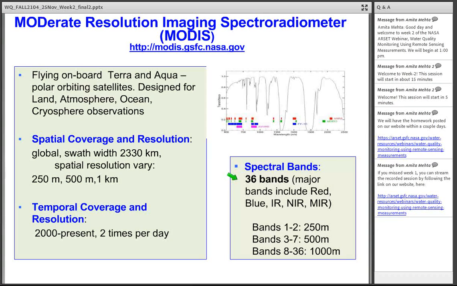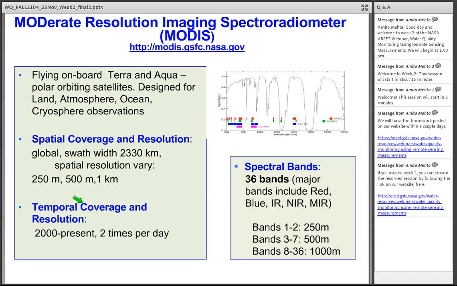The ones in red, blue, blue-green and near IR are used mostly for water quality sensing. So this is the region where water quality parameters are sensed.